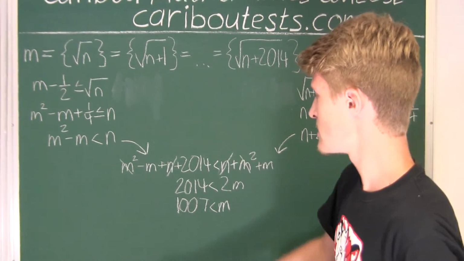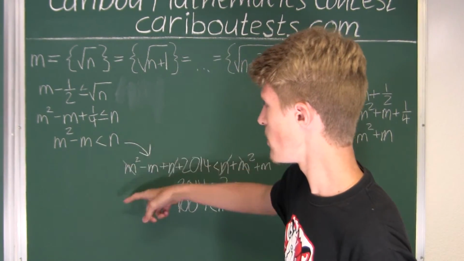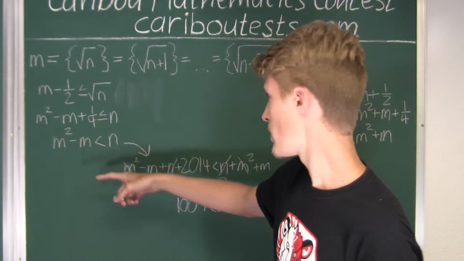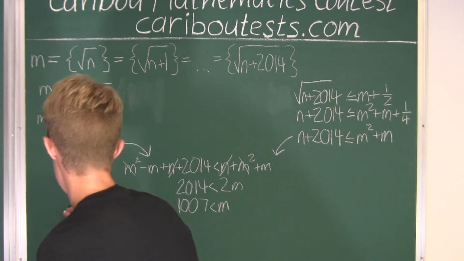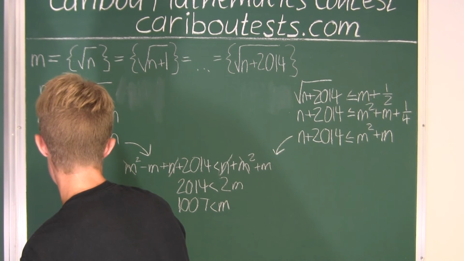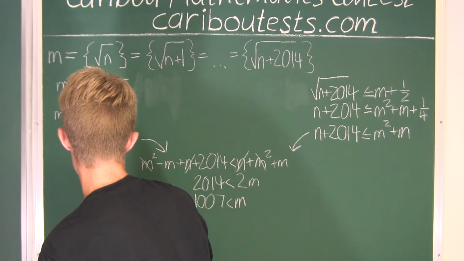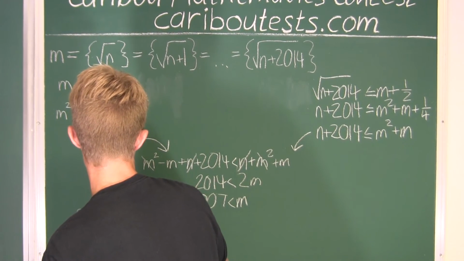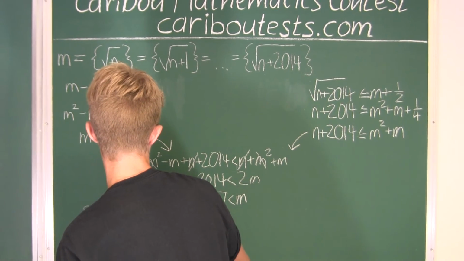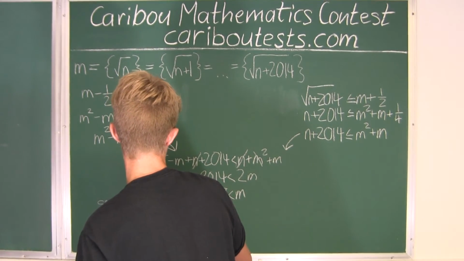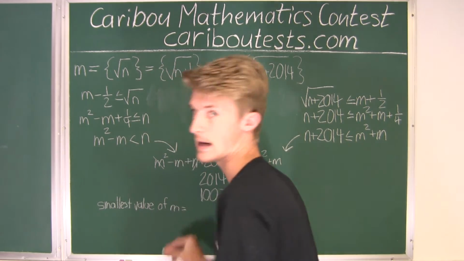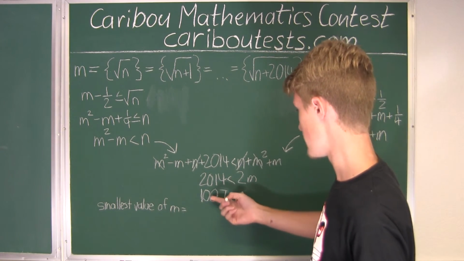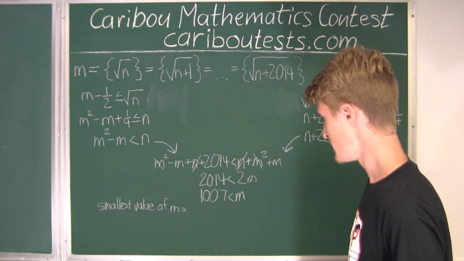Alright, now since n is bound from below by this relation, we are now looking for the smallest value of m. And now this is just 1 greater than 1007.